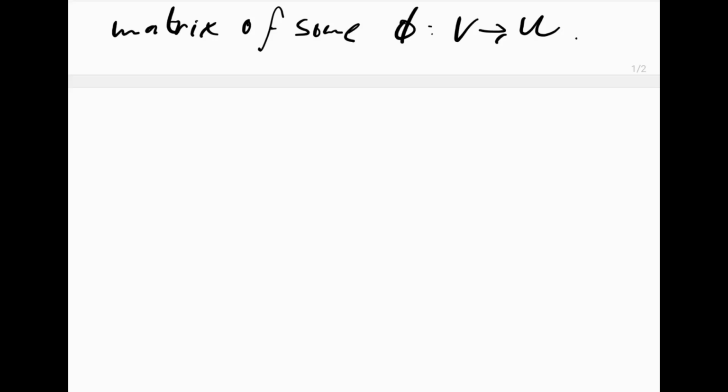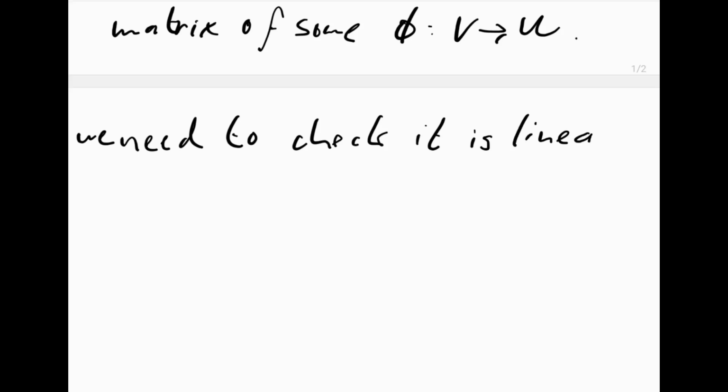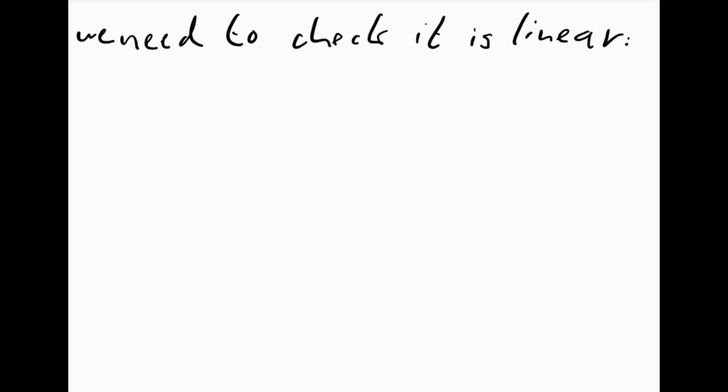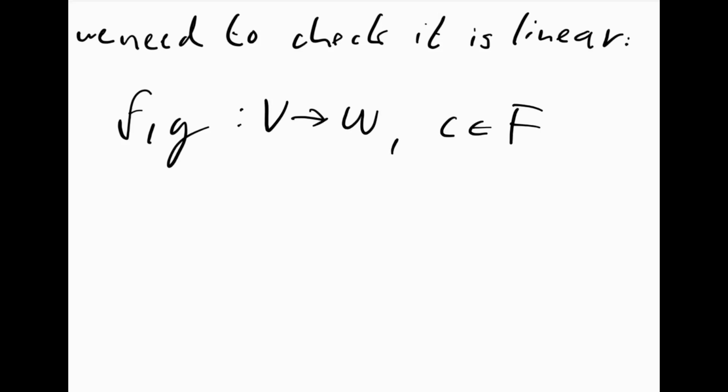And we need to check it is linear. All right, so you can of course do this more closely, but let's realize we need that for f, g, some two linear maps from V to W, and some c that ranges inside the field F over which we have it all.